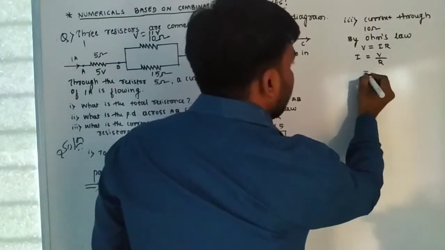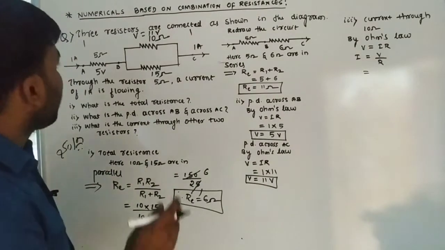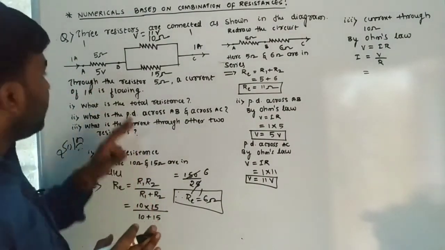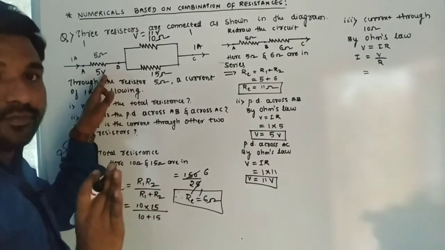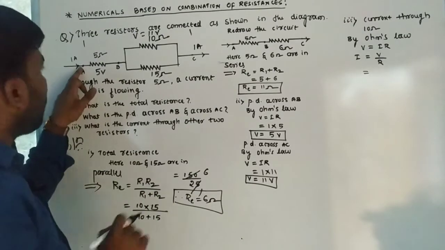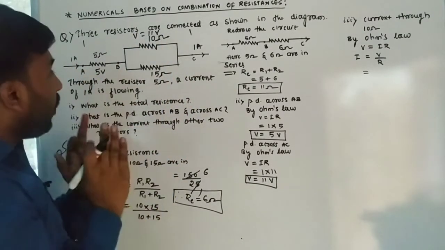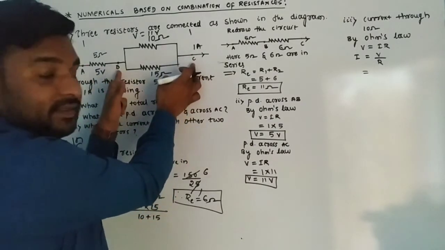Now here the potential difference across the 5 ohm resistance is 5 volt. Across AC, it is 11. Now, what about the potential difference between B and C?